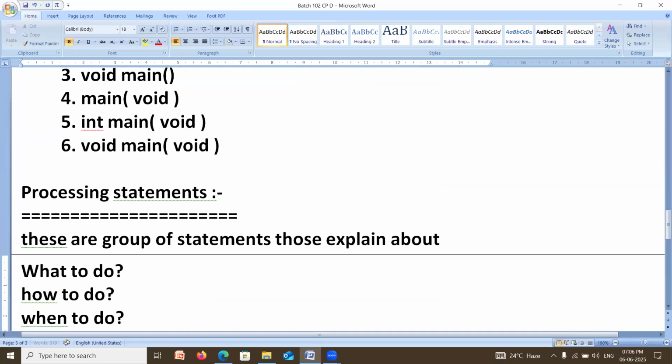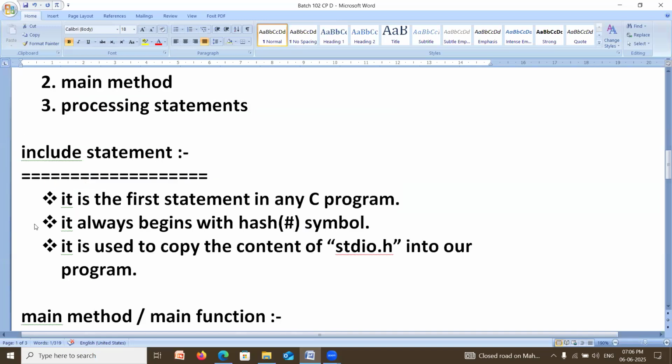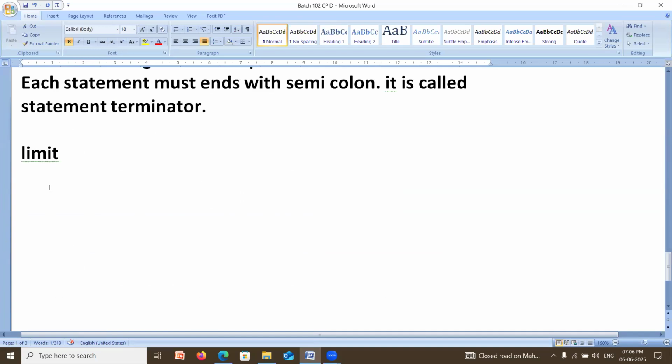Boundary means what you write in between these two curly brackets, it is your solution. These two indicate the boundaries of this main function. If you want to indicate the beginning of function, you have to use open curly bracket. If you want to indicate the end of the function, you have to use closing curly bracket. These two are indicators, signals, which indicate the limits of the function. So it is called a limiter.